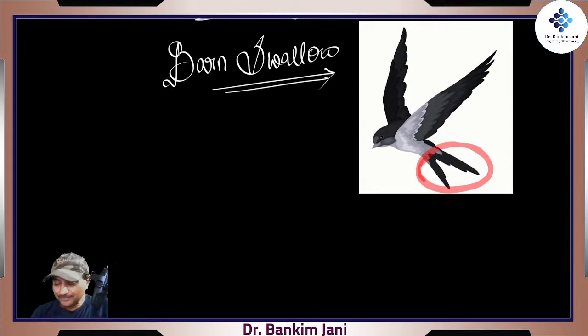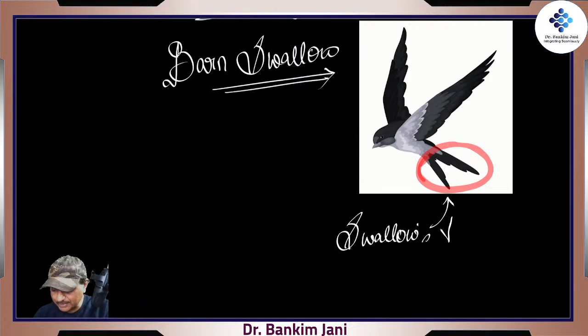What you will see: the name of this bird is swallow, so this is the swallow's tail, right? There are some structures which would appear like this. When they don't appear like this, we say that this appearance is lost.